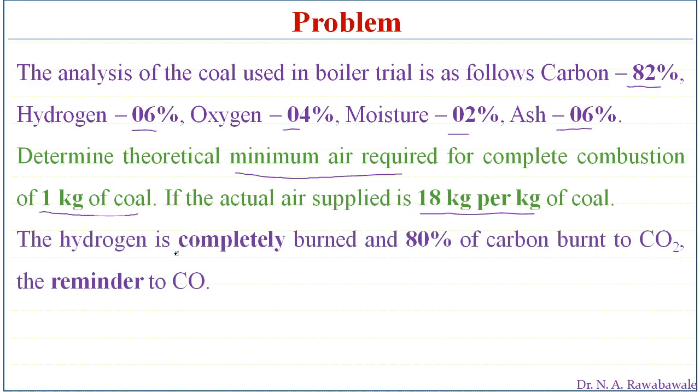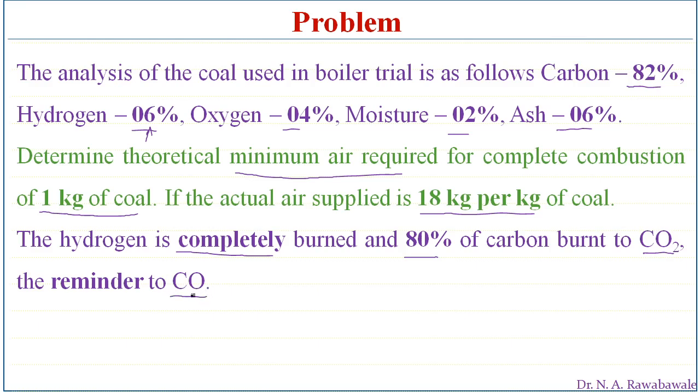The hydrogen is completely burned. So the 6% hydrogen present in the fuel is burned completely, whereas 80% of the carbon is burned to carbon dioxide. Out of whatever carbon is in the fuel, 80% is burned to carbon dioxide and the remainder, 20%, is burned to carbon monoxide.